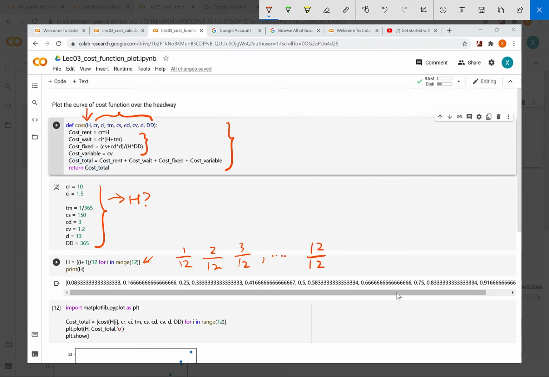So we keep increasing the headways, and we can put this as i plus 1 divided by 12. Remember, when we use this range in Python, i goes from 0, 1 to 11, so 12 integers starting from 0. By doing this, we can create a list of headways increasing from 1 month to 1 year, and then we can print it to check.